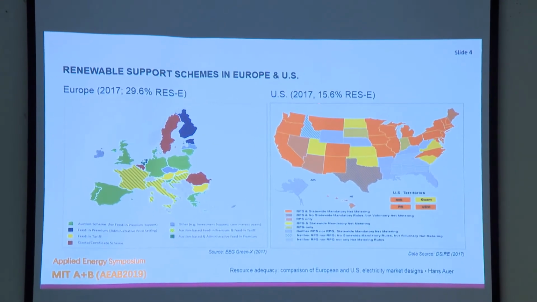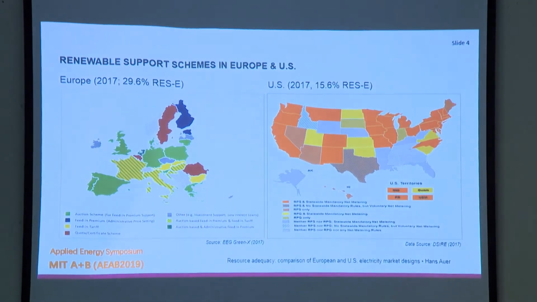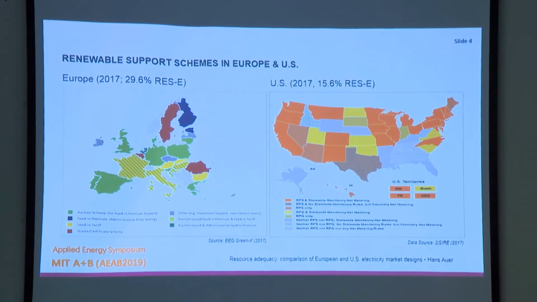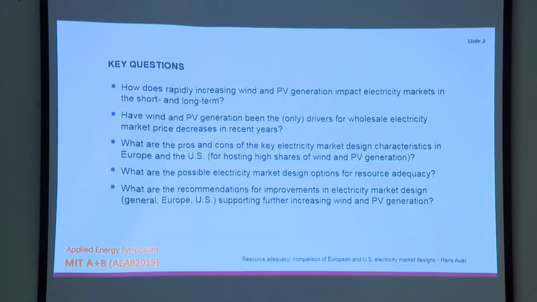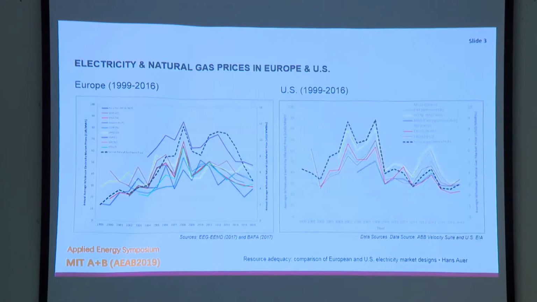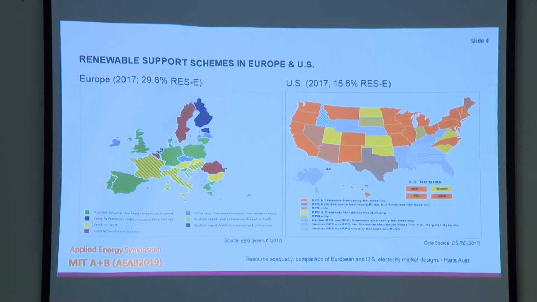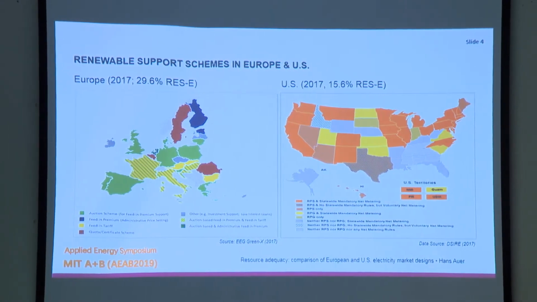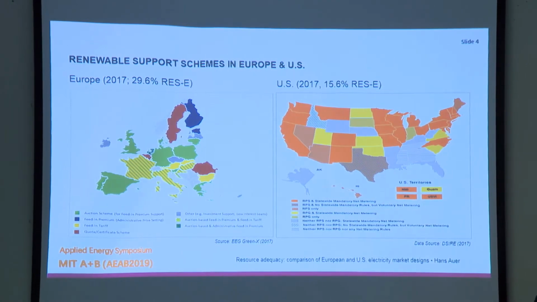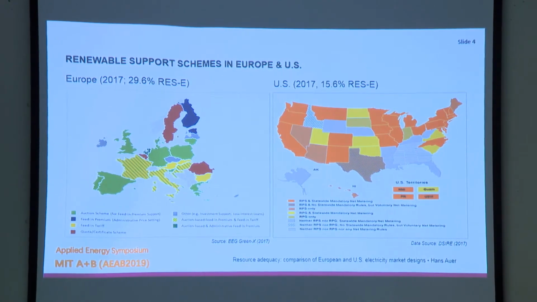In the US, we are talking around 15%, around half of renewable electricity generation, and predominantly, no, it's the wrong direction. Predominantly, we are talking about renewable portfolio standards with or without mandatory net metering systems.